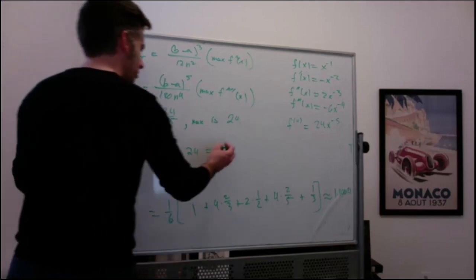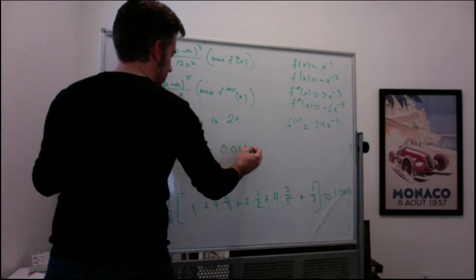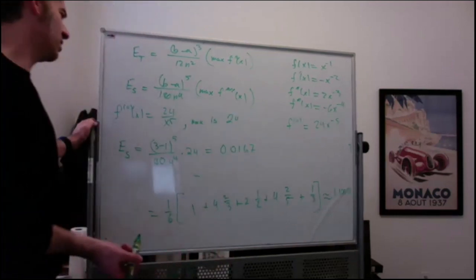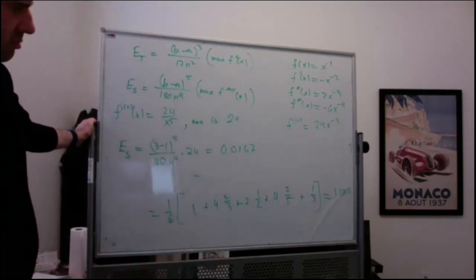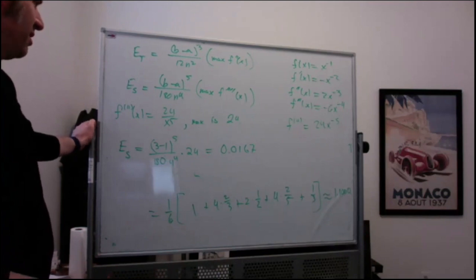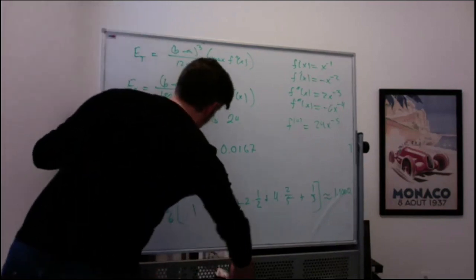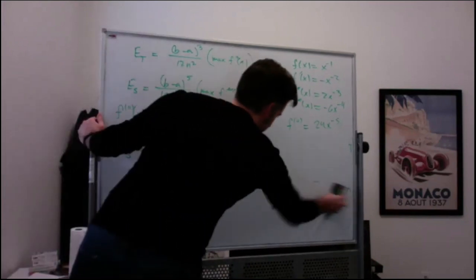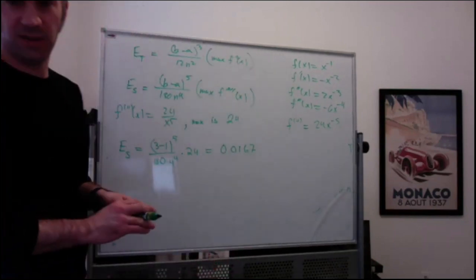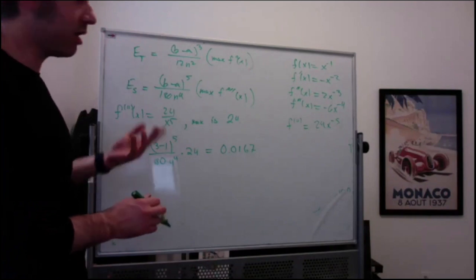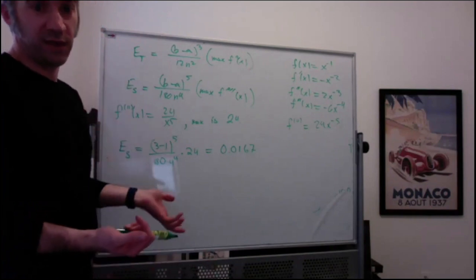We get 0.0167, which looks to me like 1/60th. Because 1/6 is 0.167, so 1/60th would be 0.0167. Okay. Our error was definitely less than that. Great.